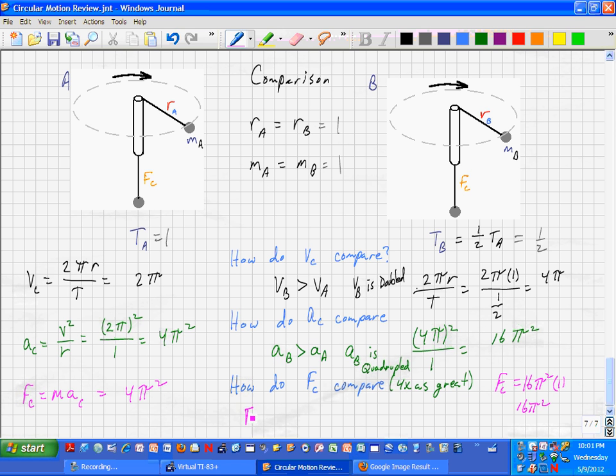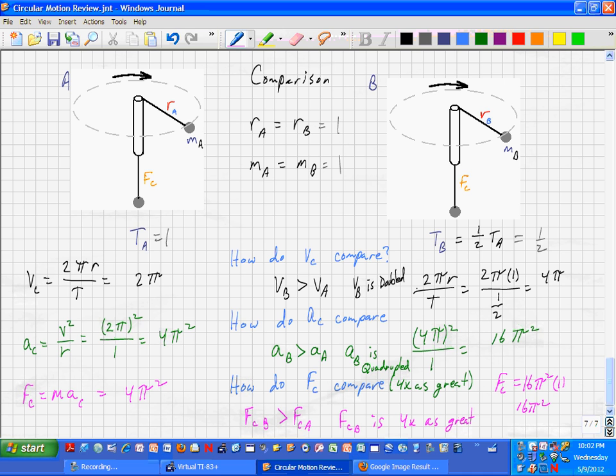So force centripetal of B is greater than force centripetal of A. In fact, Fc of B, again, is 4 times as great. In other words, it's been quadrupled.